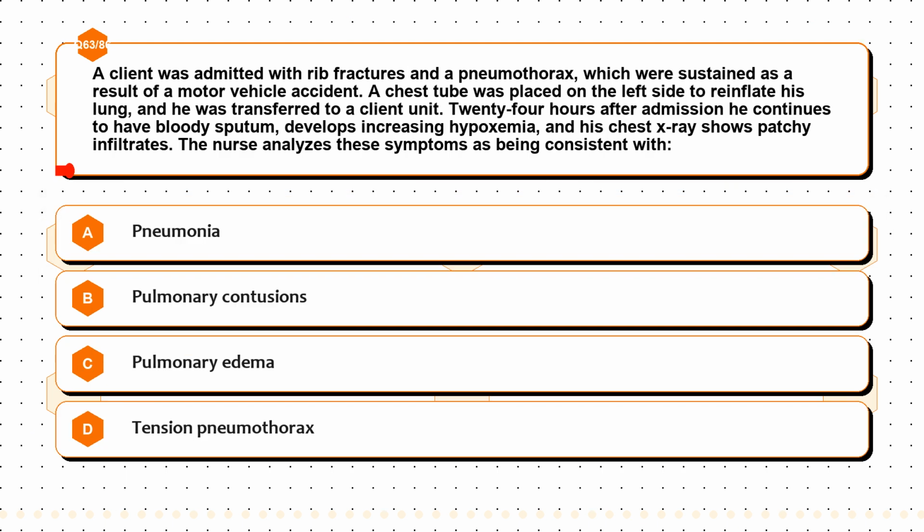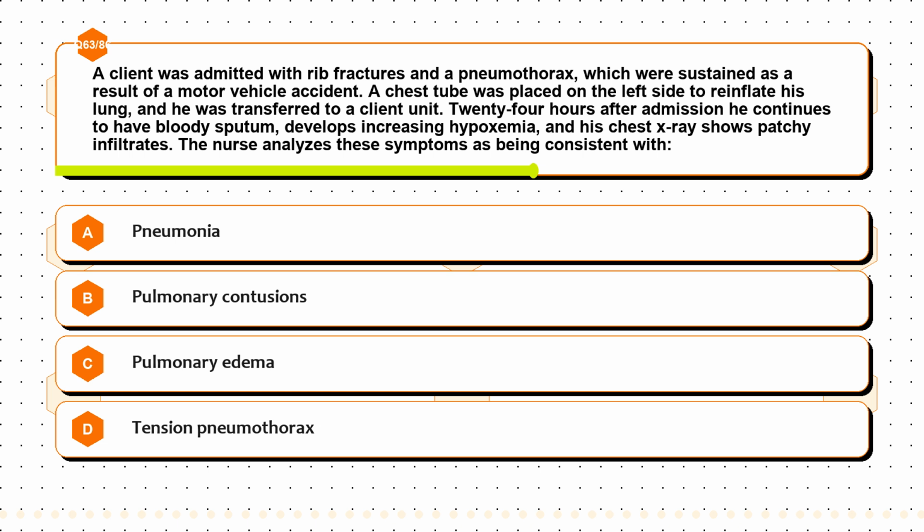Question 63. A client was admitted with rib fractures and a pneumothorax, which were sustained as a result of a motor vehicle accident. A chest tube was placed on the left side to reinflate his lung, and he was transferred to a client unit. 24 hours after admission, he continues to have bloody sputum, develops increasing hypoxemia, and his chest X-ray shows patchy infiltrates.